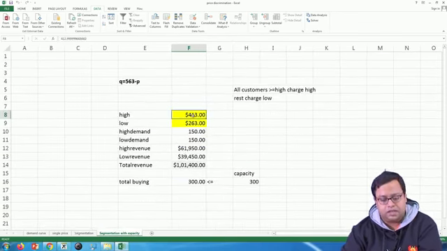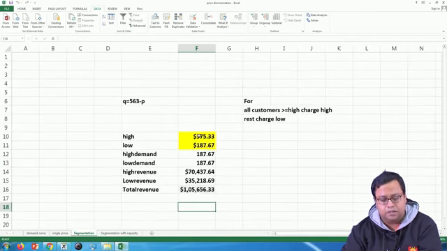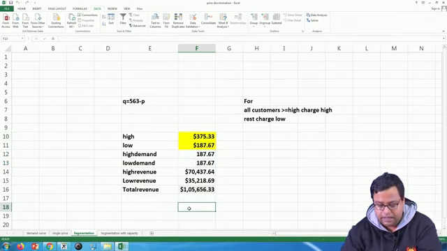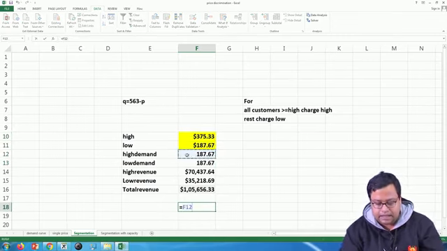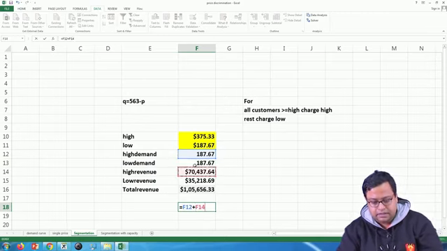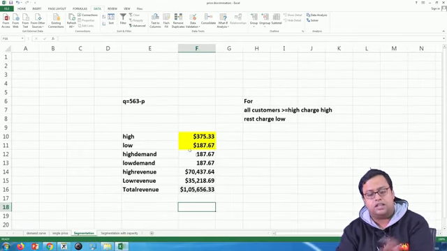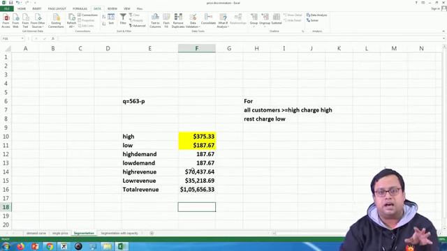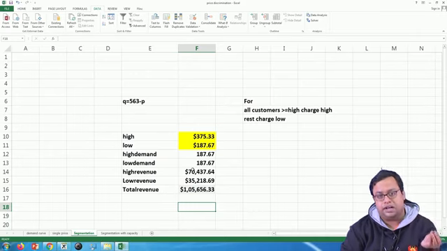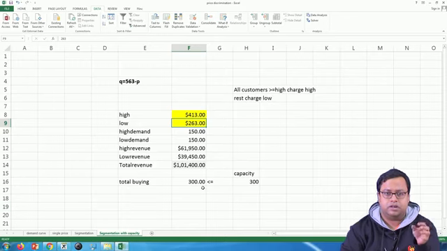But if I just put in 413 and 263, the high demand plus low demand is higher than the capacity, which was not considered there. So, 375, while the capacity is 300. That capacity constraint is not there in this particular case, and that is why the revenue generated is higher than the expected revenue when there is a capacity constraint.